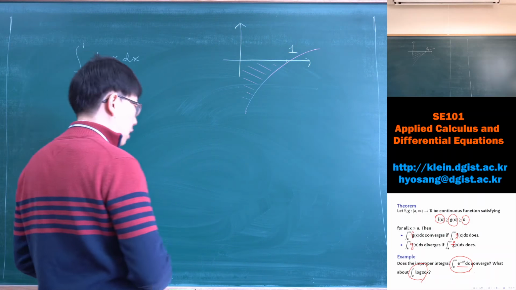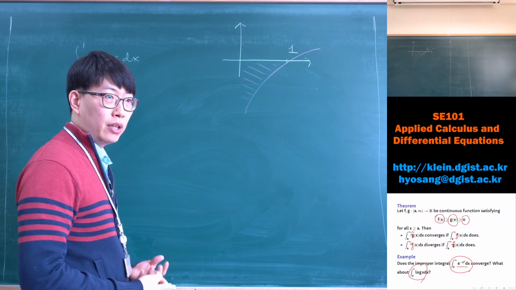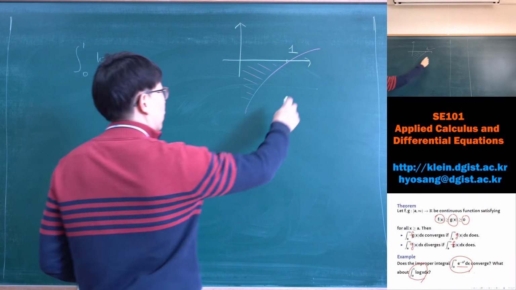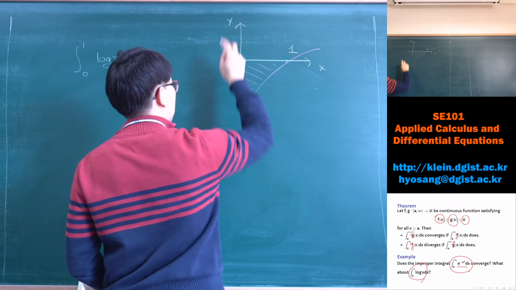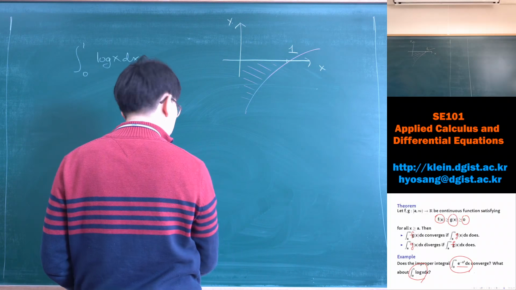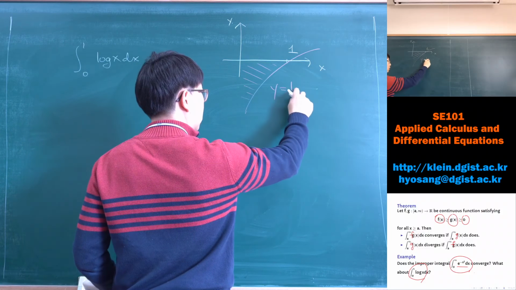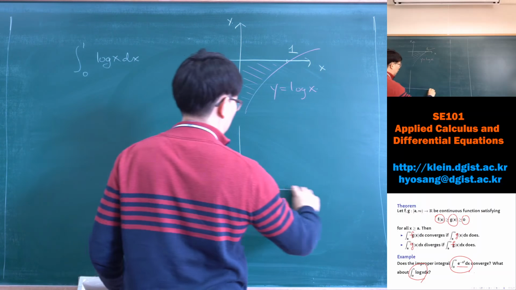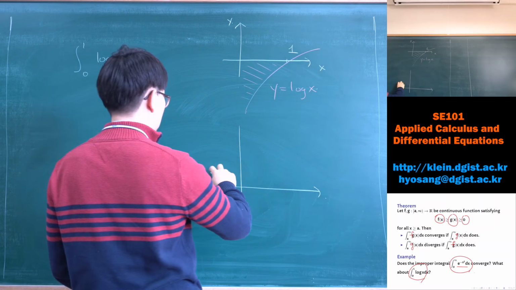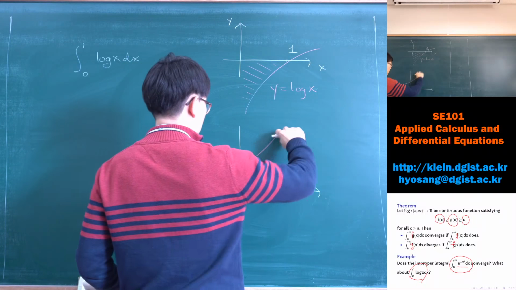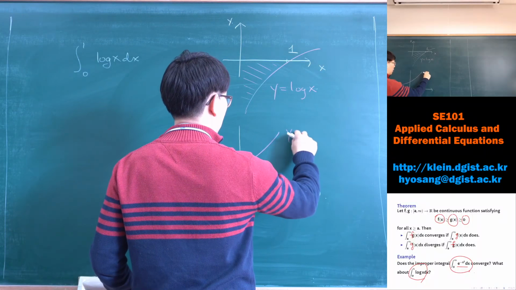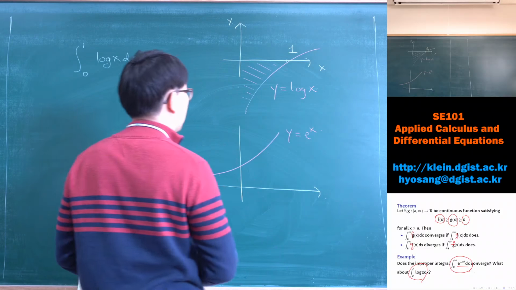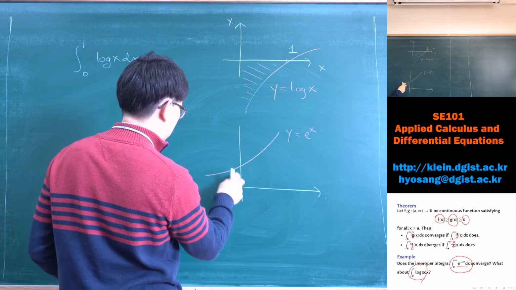However, log is an inverse function of the exponential function. So if I invert this graph, this is a graph of y equals log x. But if you invert this, it looks like this one. So y equals e to the x. And we are looking at this part, right?